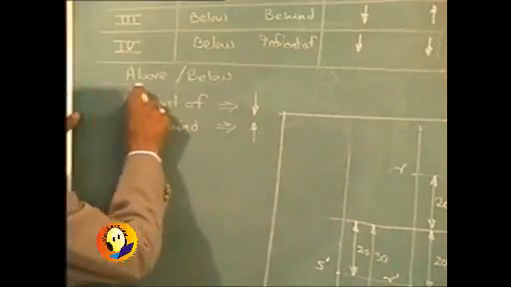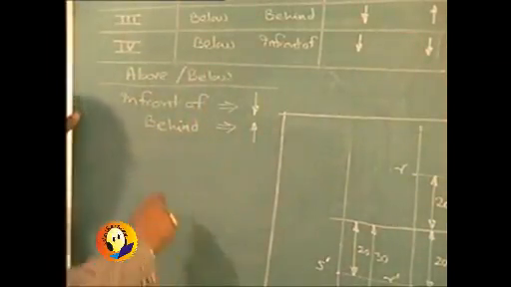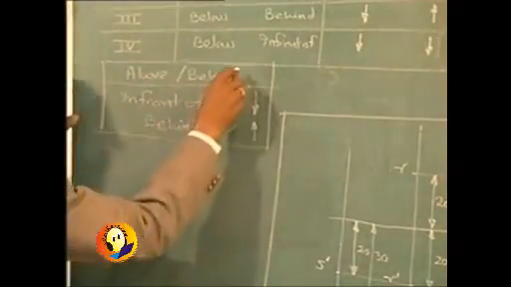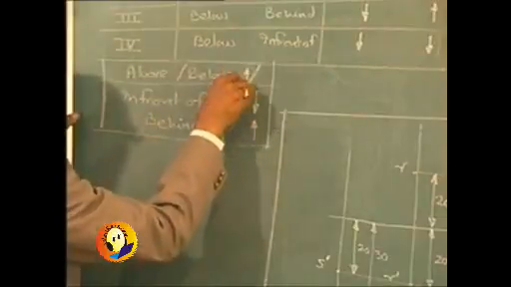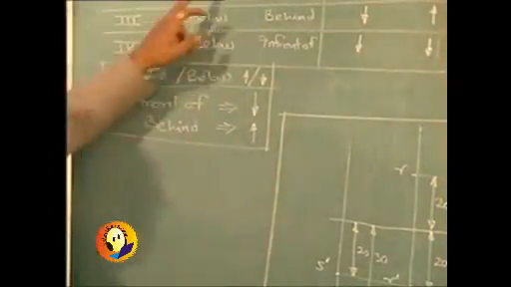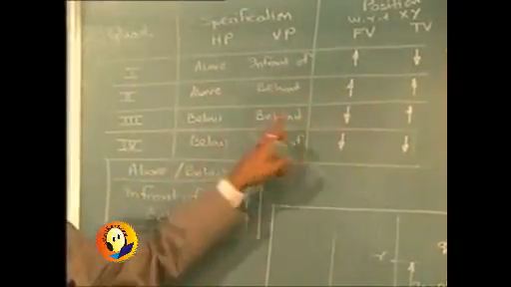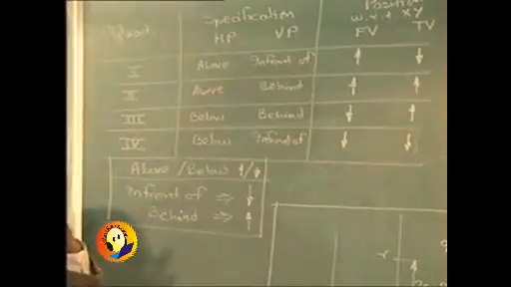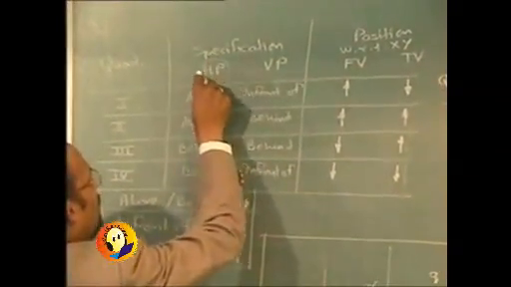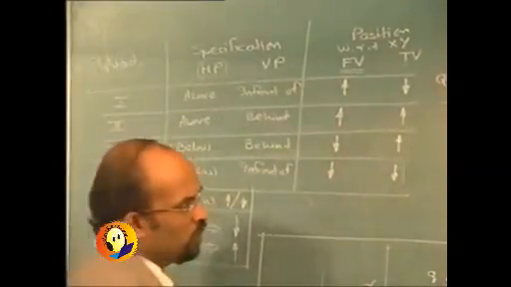Whereas with respect to HP, the wording above and below, they will have their usual meaning and the positioning accordingly, that is above and below. Nothing very special about it, because you can always see that above means upward, below is down, and we also know that the distances from horizontal plane are reflected in the front view, which you can very well see here.